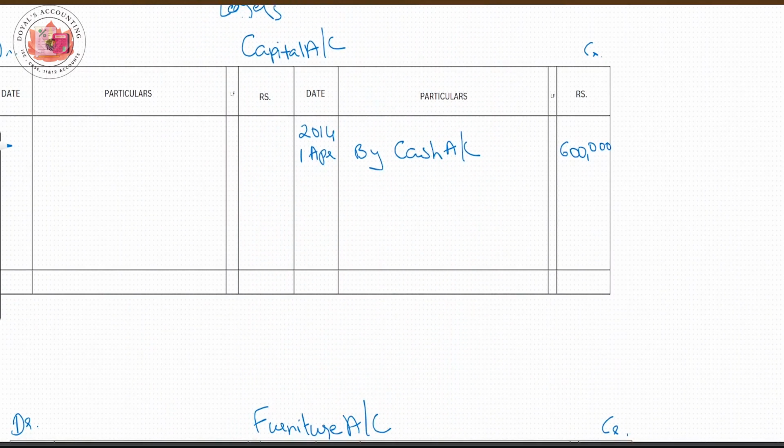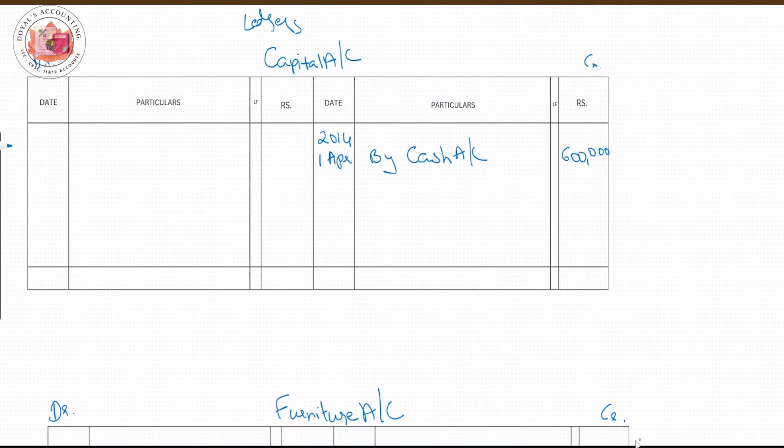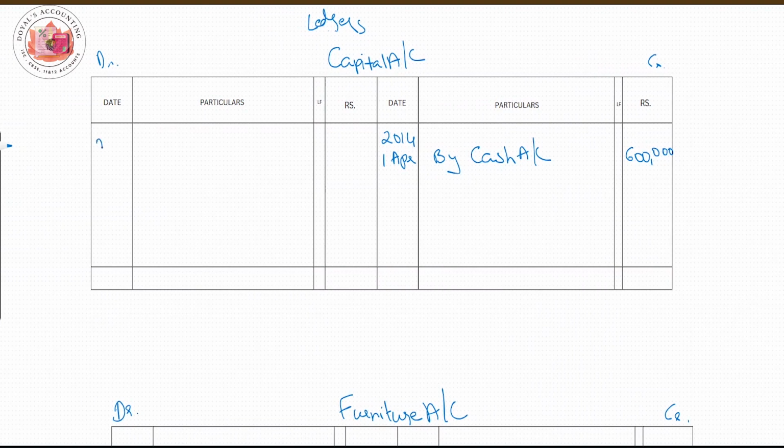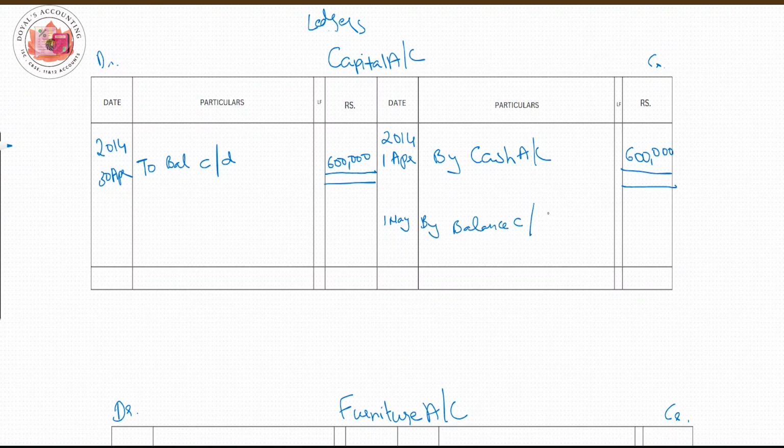Okay, so now I'll balance my capital account. 2014, 30th April, to balance carried down 6 lakhs. So this is my total on either side. I'll just draw my entry here because it's the same. And 1st May, by balance carried forward 6 lakhs.